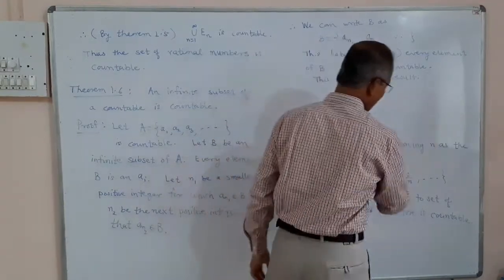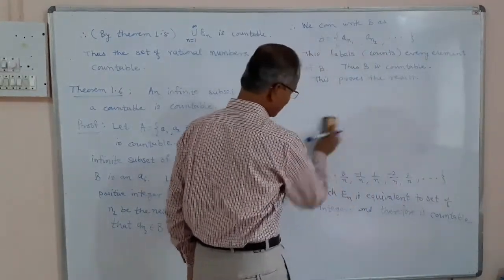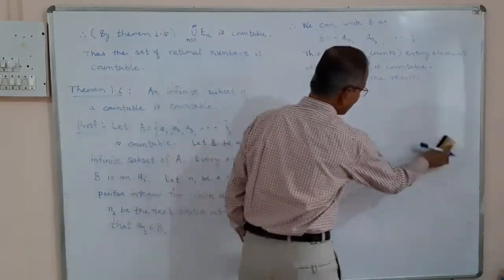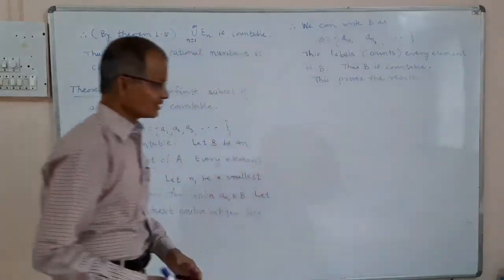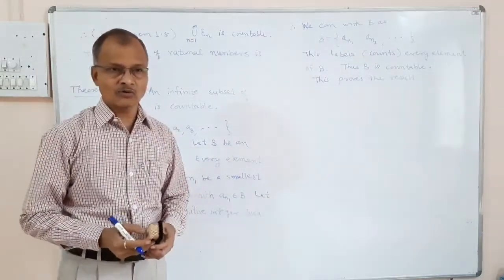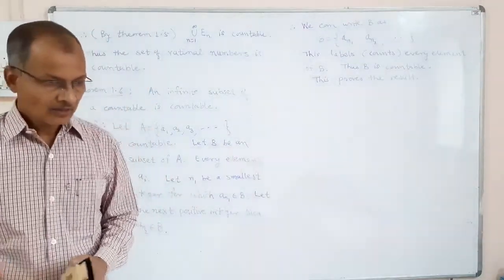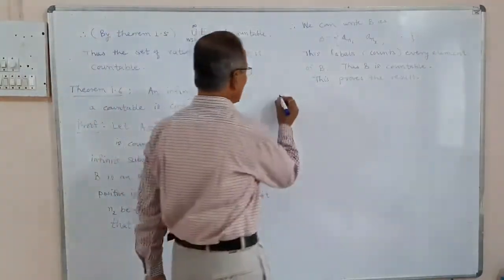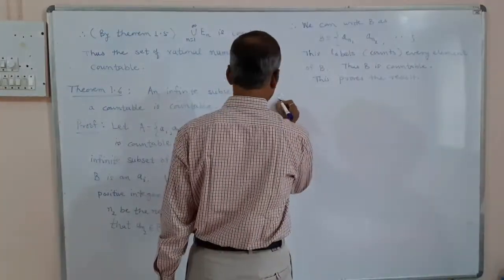Now, one more result in this section is that the set of all rationals in the interval 0 to 1 is countable. This will be a corollary to this theorem.